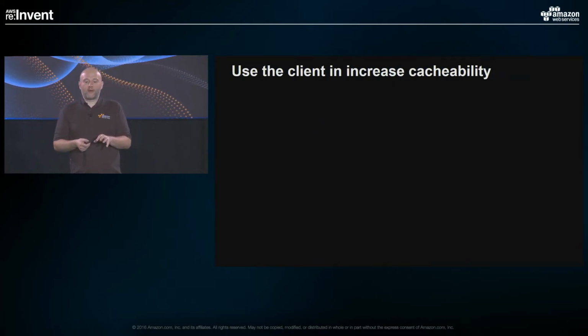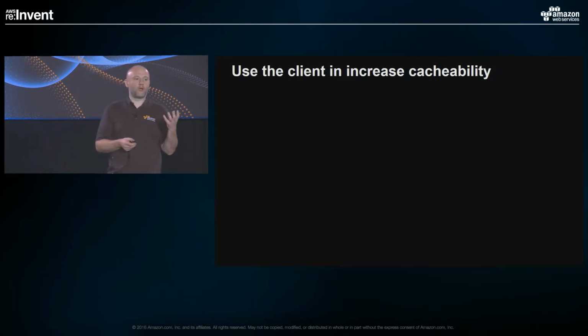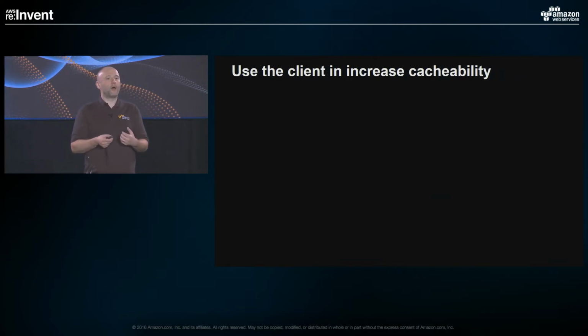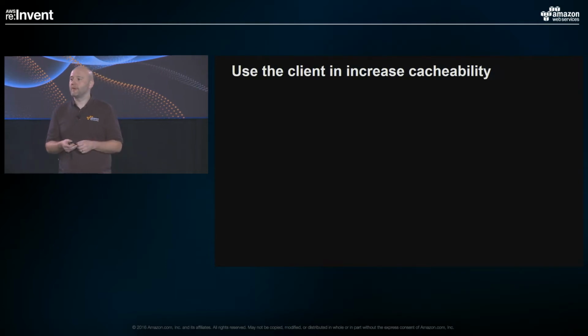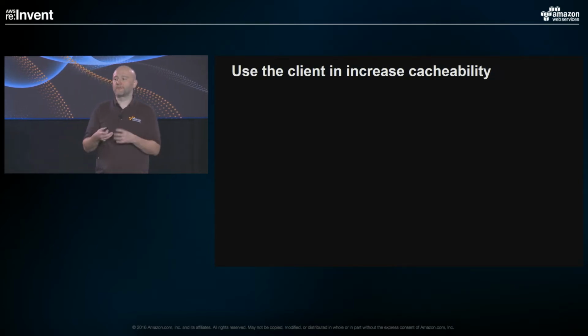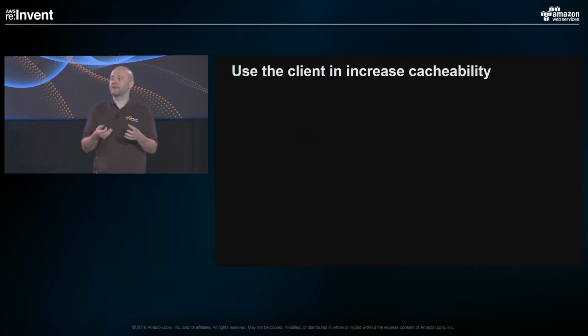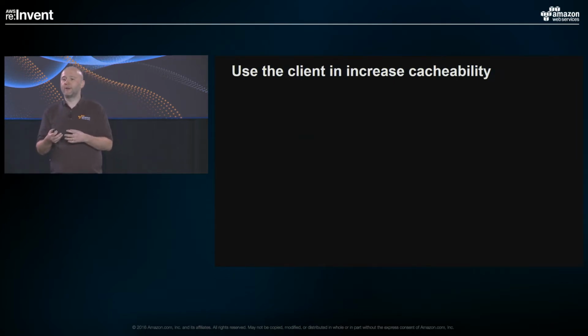We also want to think about using the client as well as part of our application. So a response that you provide from the origin or from CloudFront can only have a certain level of cacheability. You can't have different elements of your web page, and I mean the HTML part of the web page, cached slightly differently depending on how static or dynamic that content or how personal that content is.